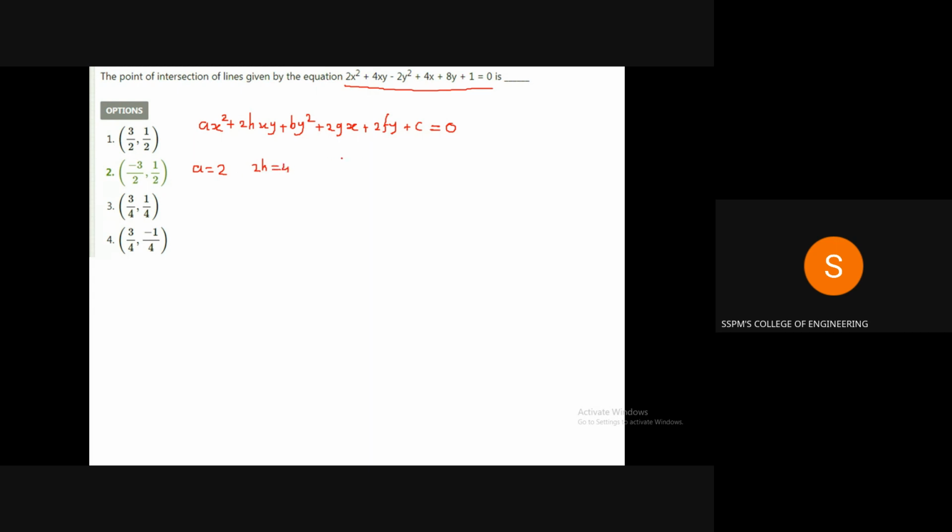Similarly, the value of b is minus 2. 2gx: the coefficient of x is 4, so 2g is 4. Again 2fy, so the coefficient of y, that is 2f, is equal to 8, and c is equal to 1, the constant.